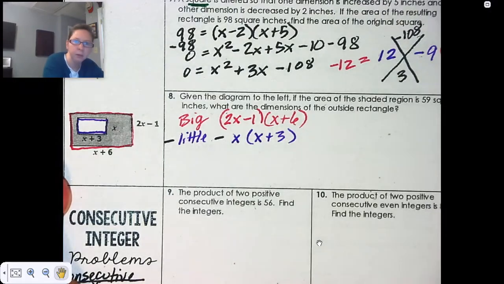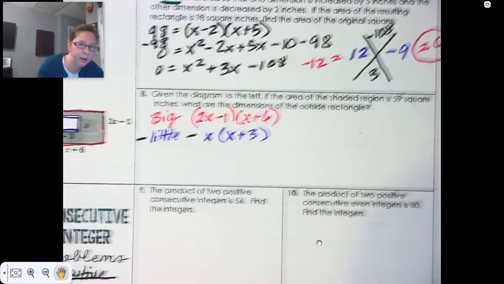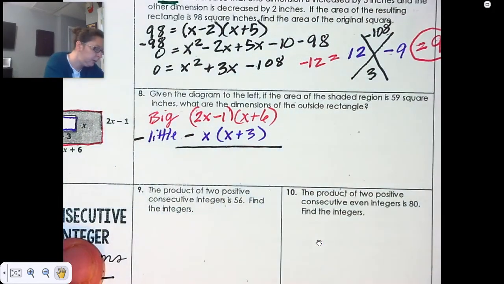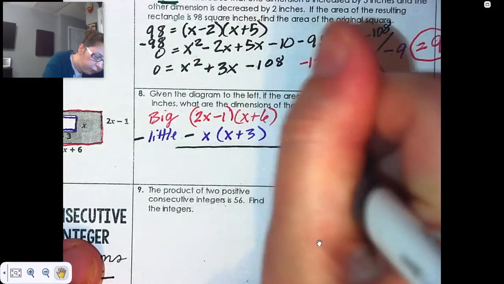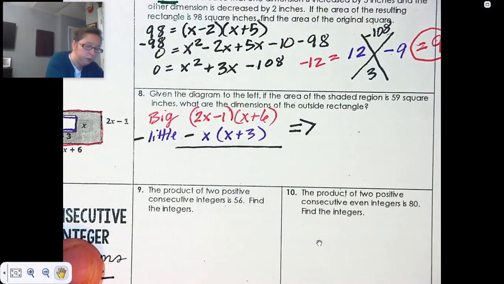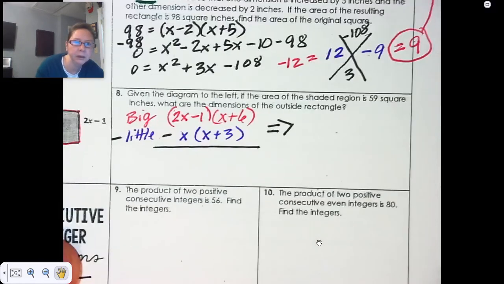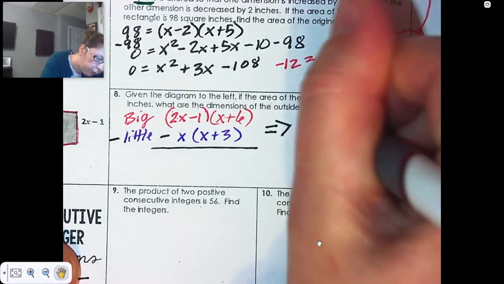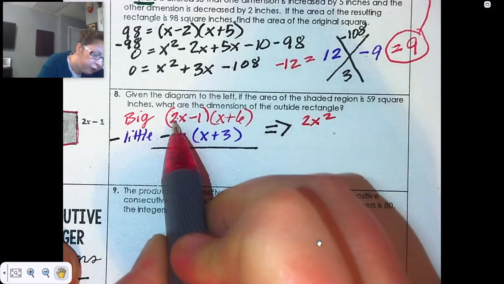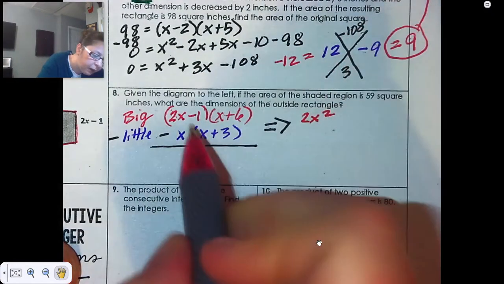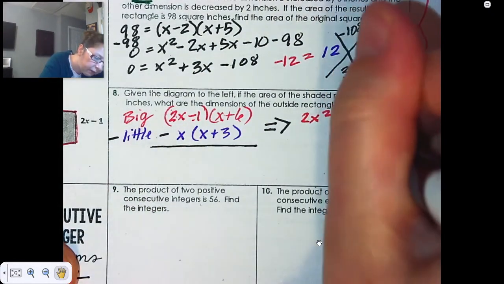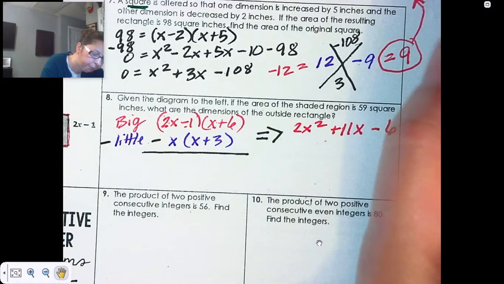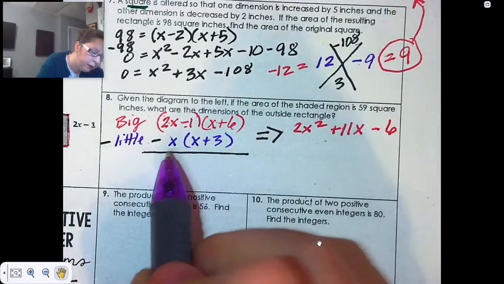Okay, so now I am ready to keep working my way out to the left. So if I use the distributive property here, my big one will equal 2x squared plus 12x minus 1x, so I'll have 11x, and then minus 6. Now let's simplify the little one.